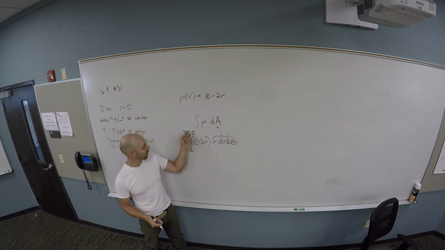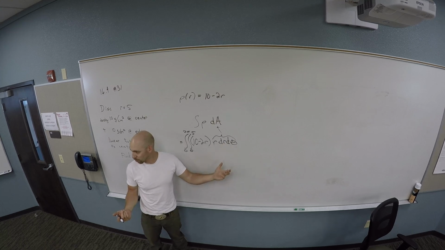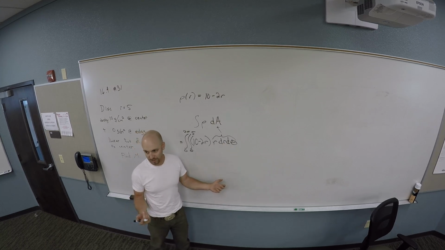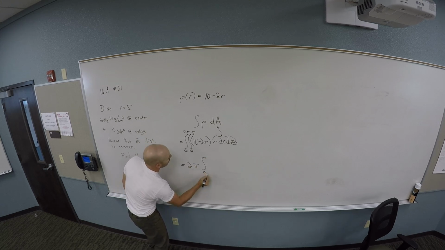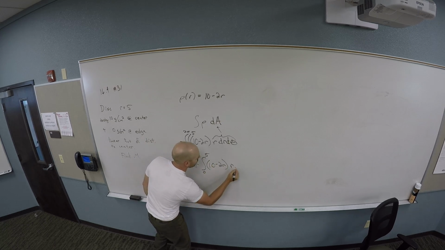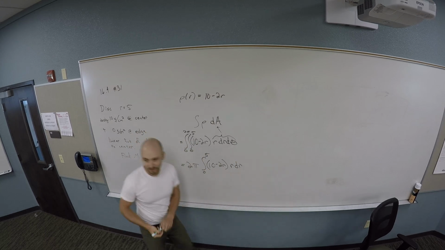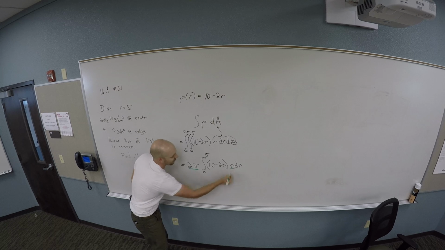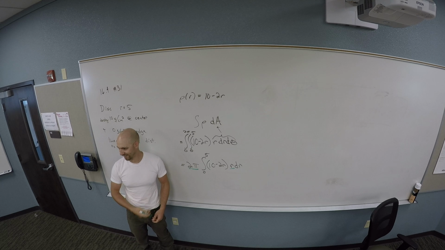So when I integrate from 0 to 2 pi some constant with respect to theta, I'm going to get 2 pi times whatever the constant is. So I'm going to get 2 pi times the integral from 0 to 5 of 10 minus 2r times r dr. And right there, there's your 2 pi r from Calc 2, right? That wasn't magic, it's just right here.